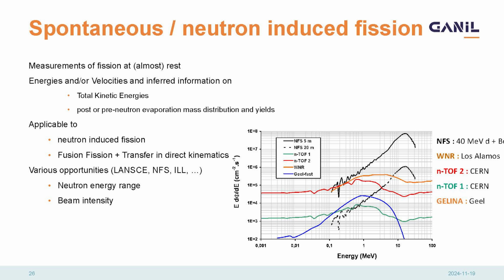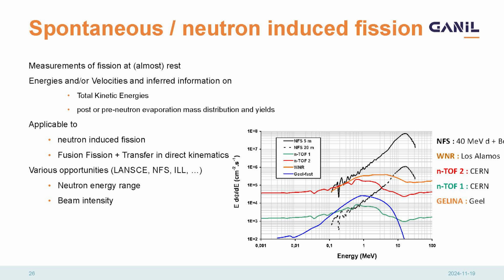You can apply it to neutron-induced fission, but also to fusion-fission, or fission populated in systems which are slightly more excited. It is basically the same, because you can measure the two fragments and get back to some information. Of course, now the question is whether there is some evaporation before, because my system is hotter. But still, those measurements apply the same techniques, the complexity, and all the challenges of getting back properly to the total energy and the proper velocities.